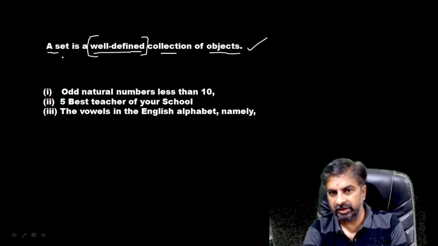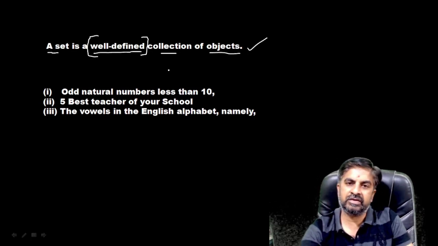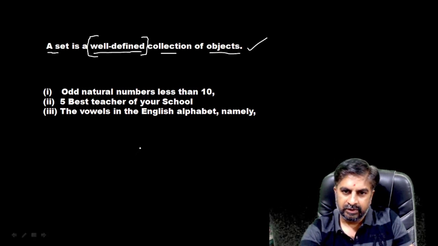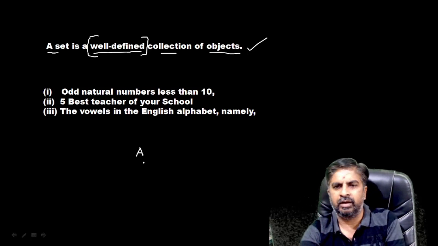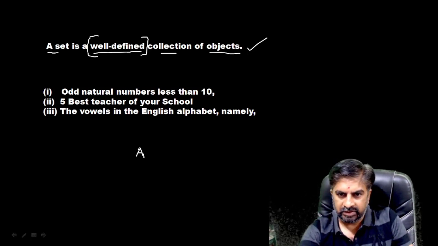So let me tell you the ways we can write it. First of all, any set can be represented with a name, given as a capital letter like A, B, C, X, Y, Z. Generally we take capital letters.